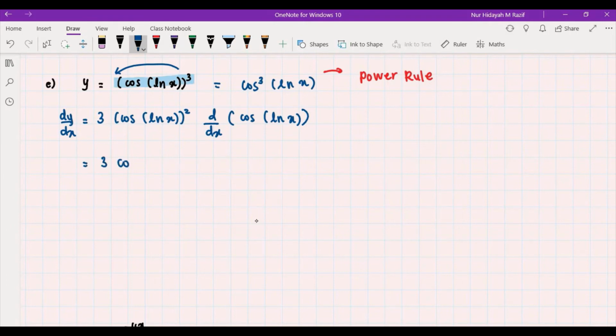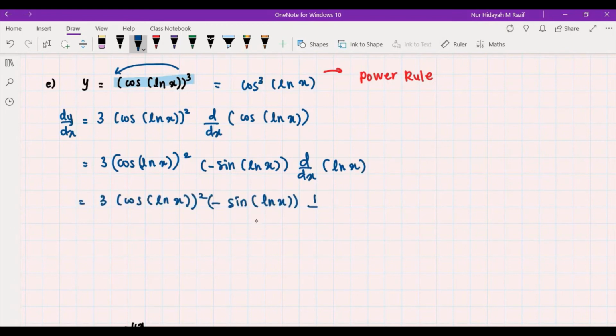I will then have here, we just copy 3 cos ln x everything squared. Differentiating cos will give me negative sine. The angle is still ln x, and differentiating ln x, d by dx of ln x will give me 1 over x, and from there we can just simplify.